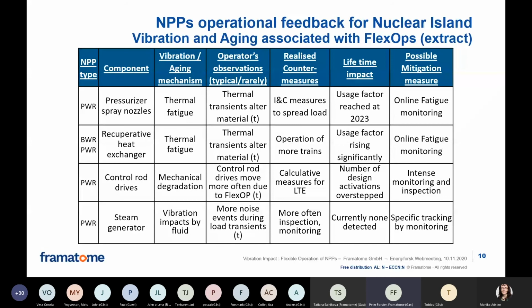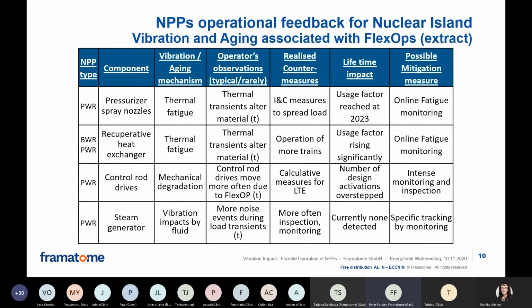The first table is a summary of feedback coming from the nuclear island from PWRs and BWRs, as you see in the first column. In the first row, a lot of influence was seen in the PWRs on the pressurizer spray nozzles, which are facing thermal fatigue, a vibration aging mechanism, in the third column.